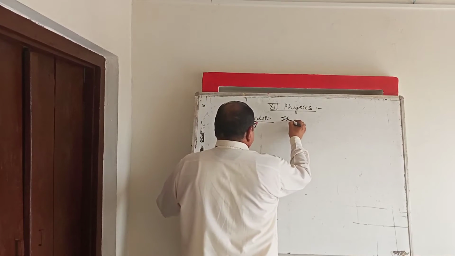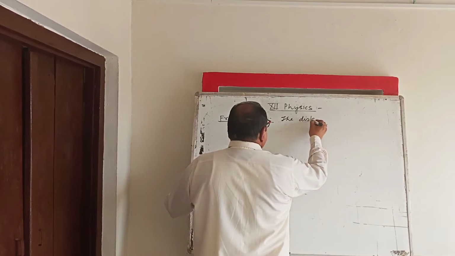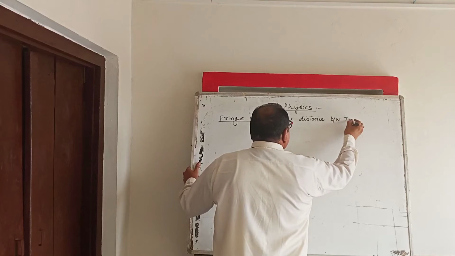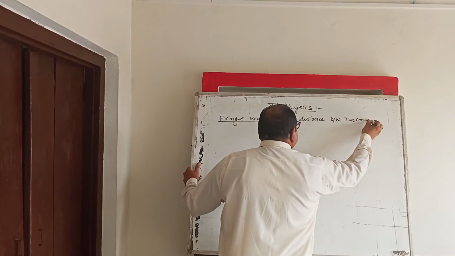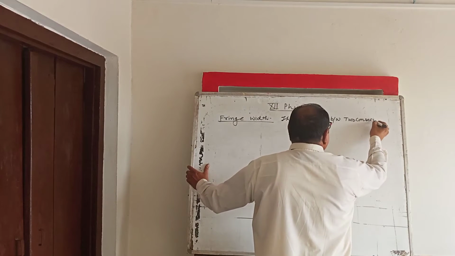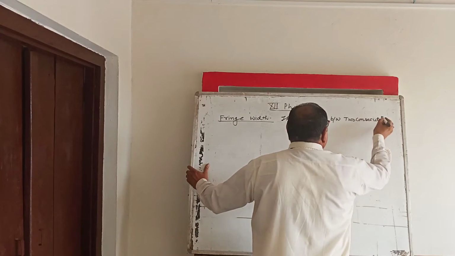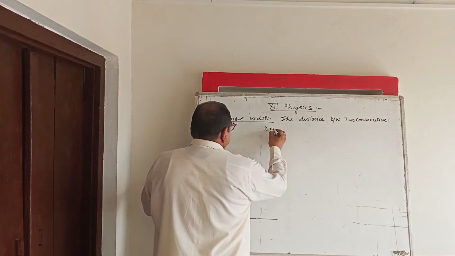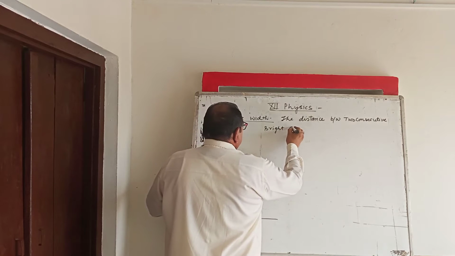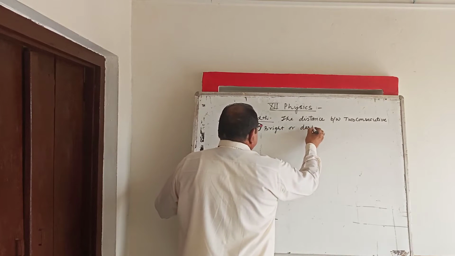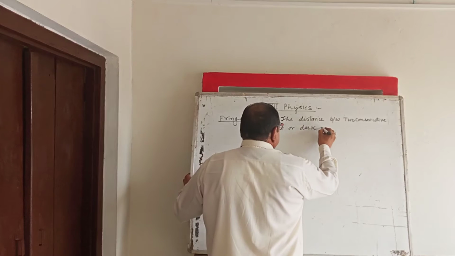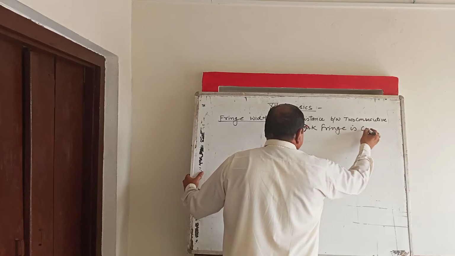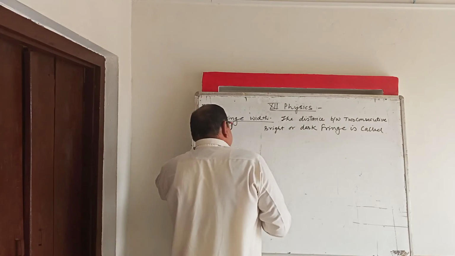The distance between two consecutive bright or dark fringes is called fringe width.